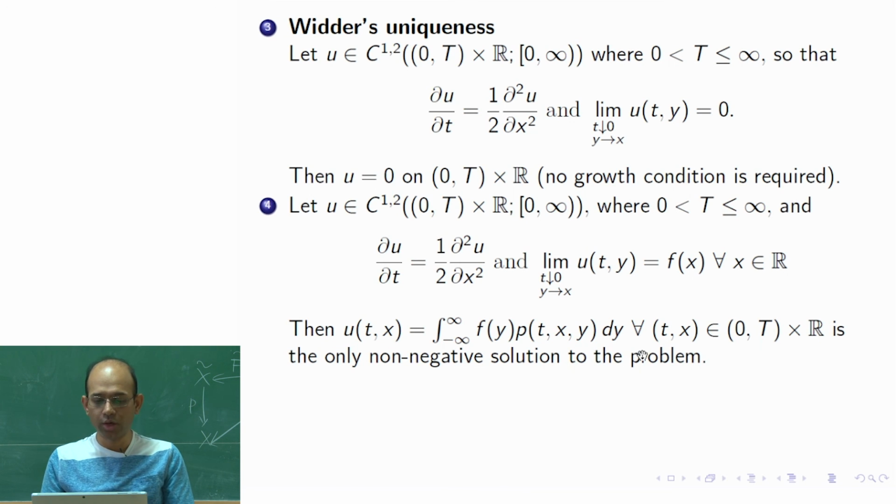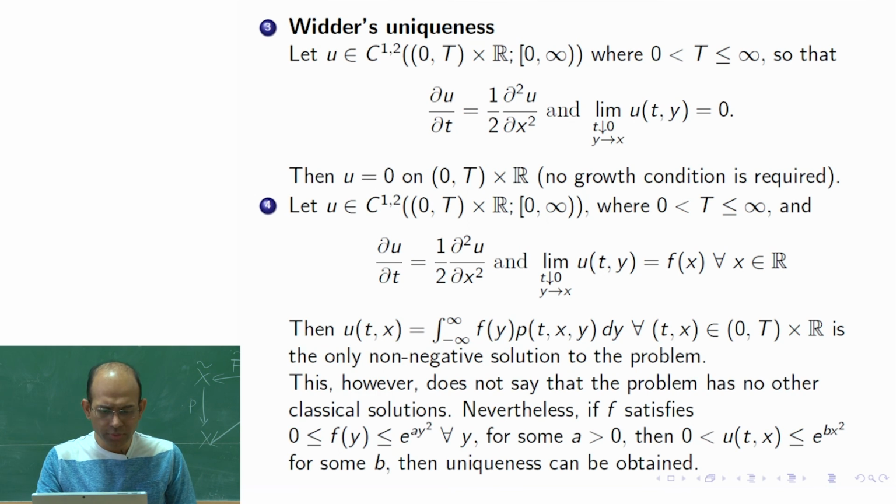So here we got the uniqueness: the problem has only one non-negative solution, and that solution is written in terms of this. In other words, it is the conditional expectation of f(W_t) given W_0 = x, correct. However, this does not say that the problem has no other classical solution.